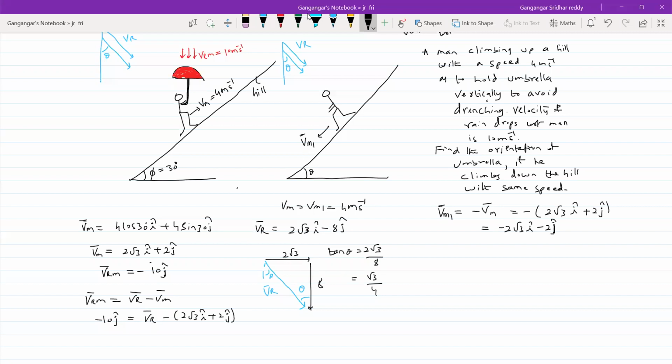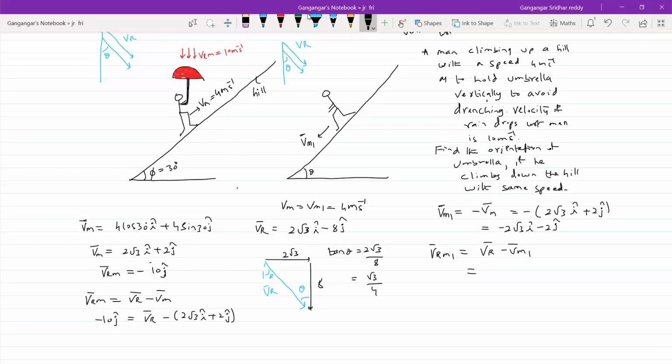Now what will happen? So once we know this, VRM1 bar is equal to VR bar minus VM1 bar.